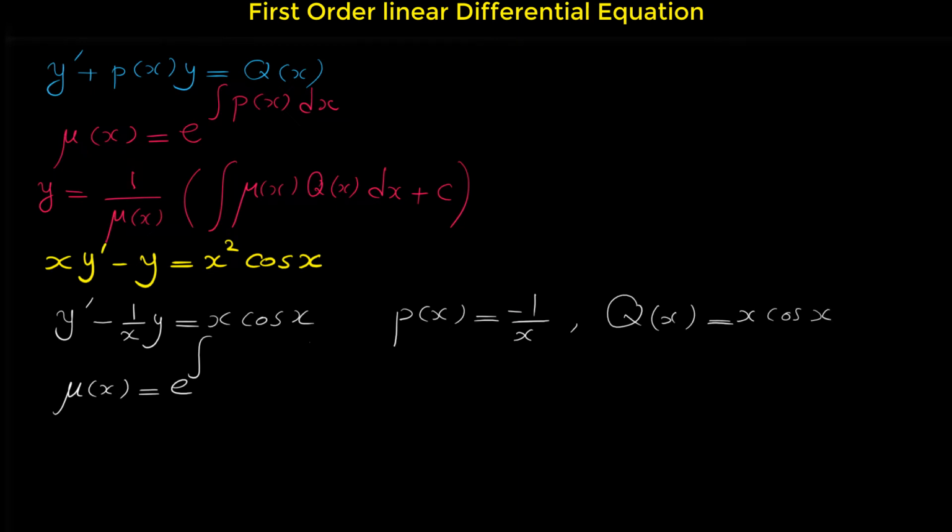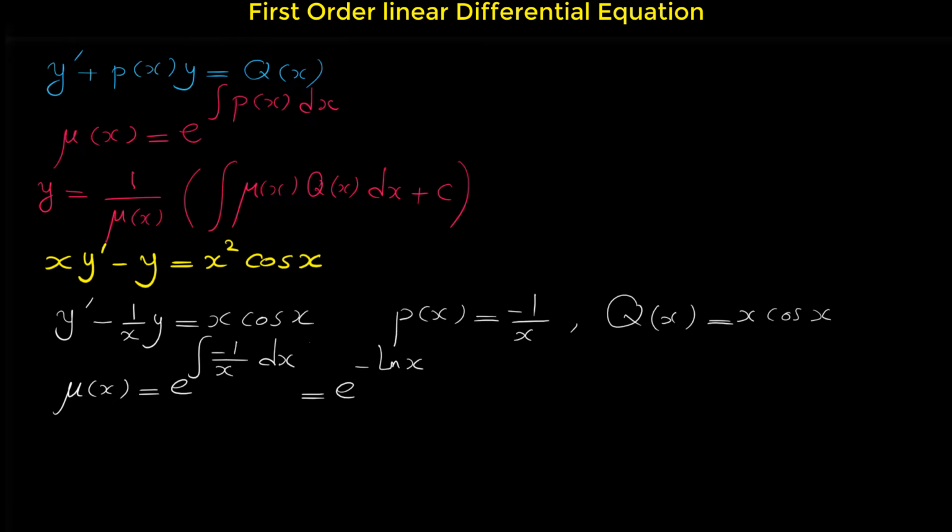So we have e to the power of integral of negative 1 over x dx. We know that integral of 1 over x dx is ln of x. So integral of negative 1 over x dx gives e to the negative ln of x. So this is the integrating factor for this differential equation.